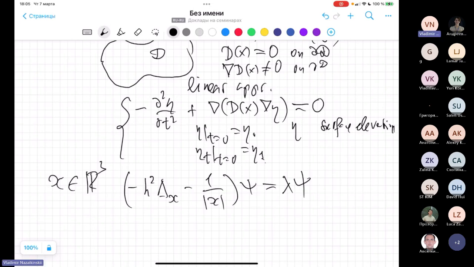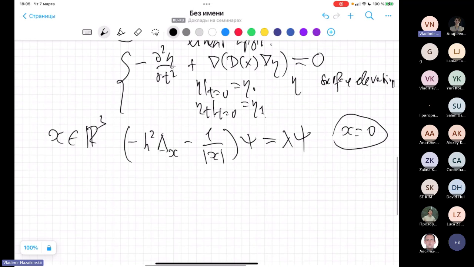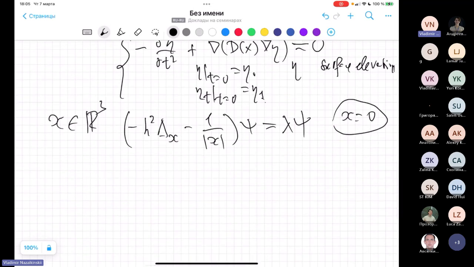Here we have a singularity at 0. The equation degenerates or has a singularity at 0. So these two seemingly very different problems actually have something in common, and now I will demonstrate that.